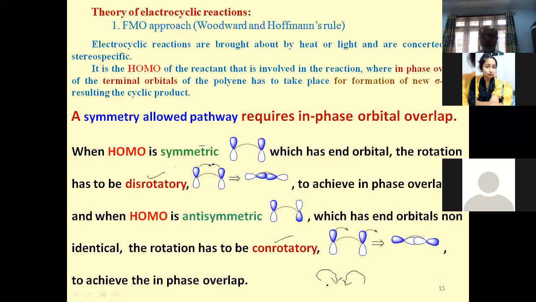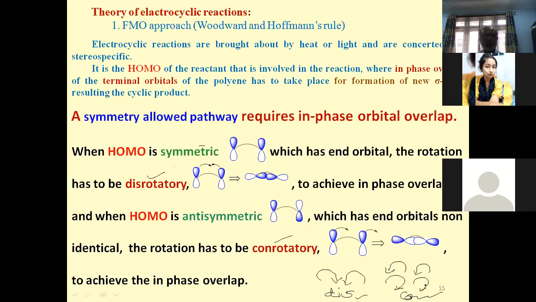One clockwise, the other anti-clockwise. This one we call disrotatory motion. Conrotatory motion means if I rotate this one, suppose clockwise, the other one also needs to be clockwise. Or if this is anti-clockwise, this one also should be anti-clockwise. That one is called conrotatory motion, in short conrotation. And this is disrotation. So we have two types of rotation, disrotation and conrotation.